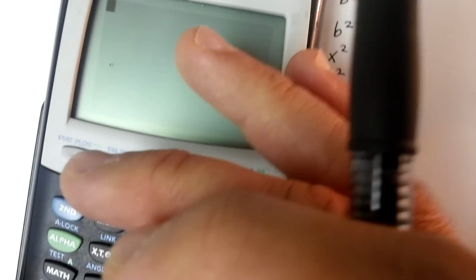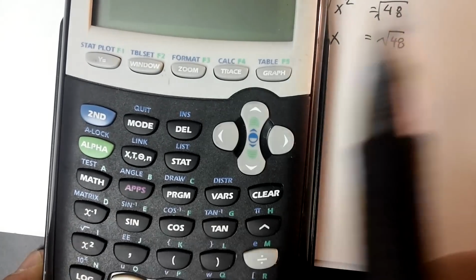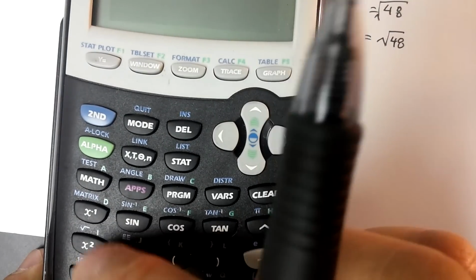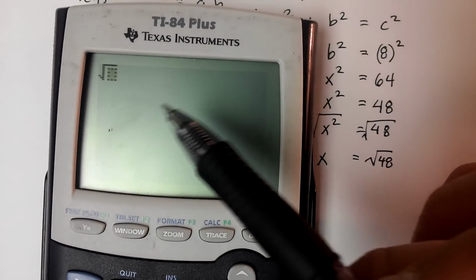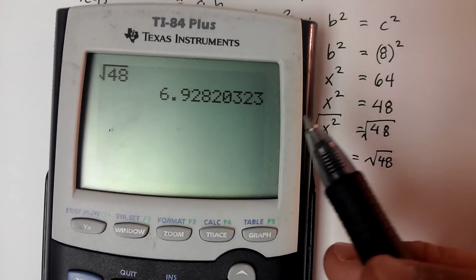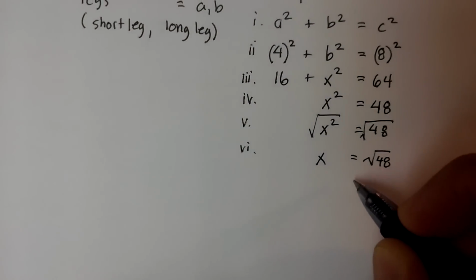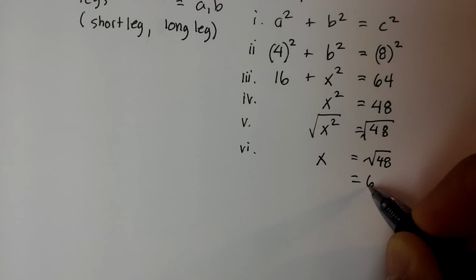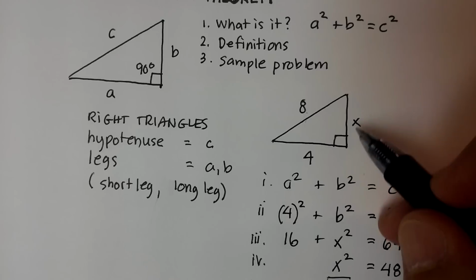So again, press the second button, press the radical button down here, okay? And this is what shows up on your screen. So it looks like a blank square root. Put in the 48, press enter, and you get 6.93 rounded off. Okay, so x is equal to 6.93. And that would be the length of this particular side.